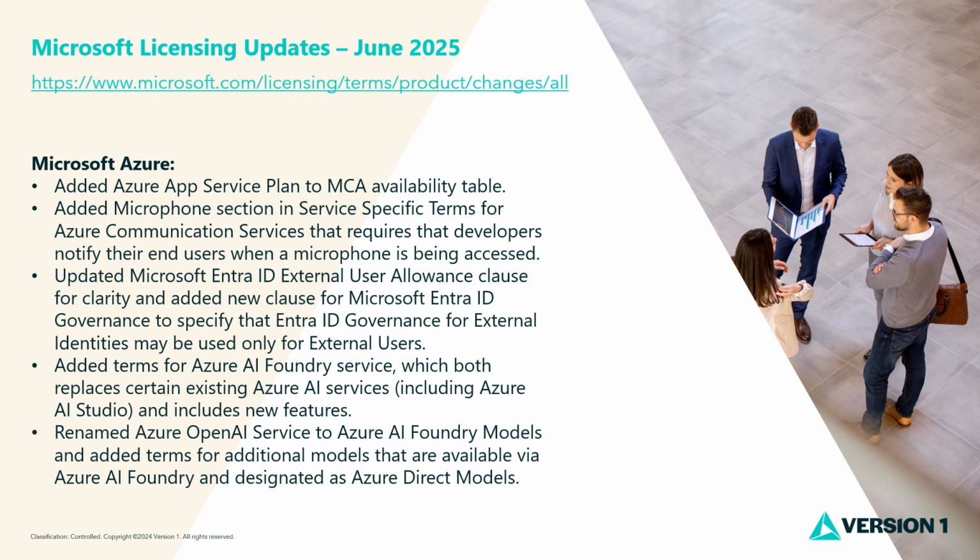This is interesting because it requires developers to notify their end users when a microphone is being accessed. So it's putting the emphasis on the developers to build in the notification at time of build, rather than, for example, when you start a Teams call, people asking, "Do you want this to be recorded?" So it brings it further down the development chain, with the emphasis on the developer, not Microsoft or the service administrator at the time.